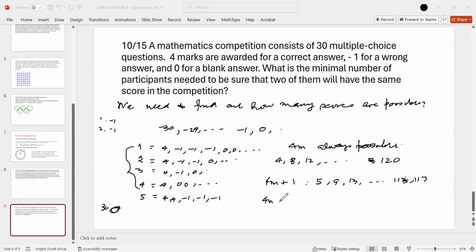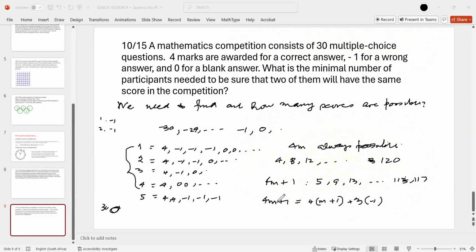Well, 4m plus 1 can be obtained by taking 4 times (m minus 1)... 4m minus 4, or otherwise 4 times (m plus 1) minus 3. Or otherwise plus 3 times minus 1.